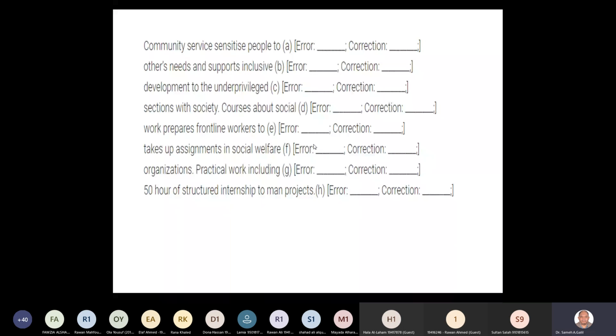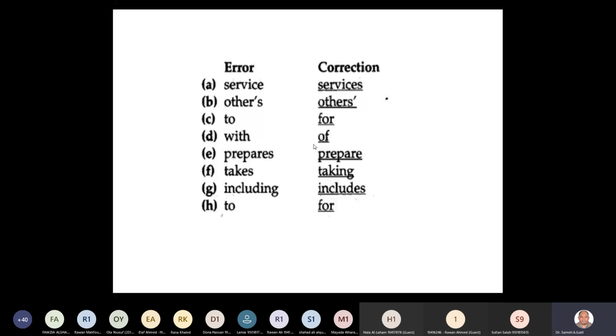He wants us to drop 2. I don't quite agree. I would say that to take up assignments would make more sense. And then includes, like we said, practical work includes, and then 4.